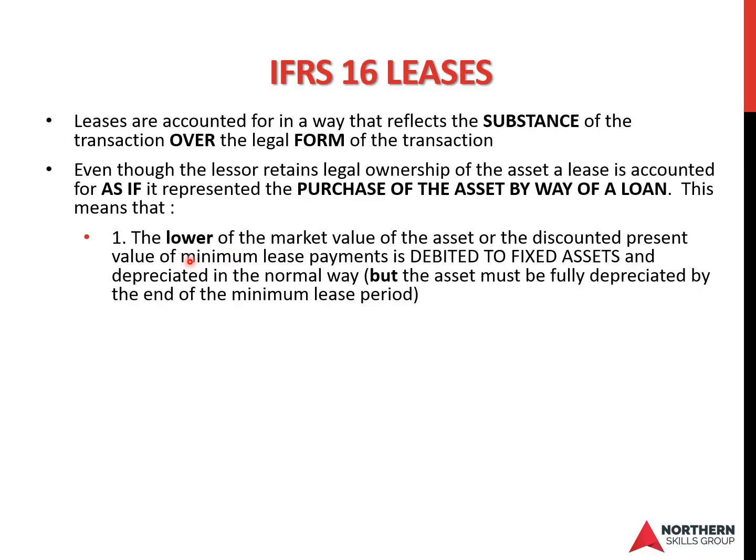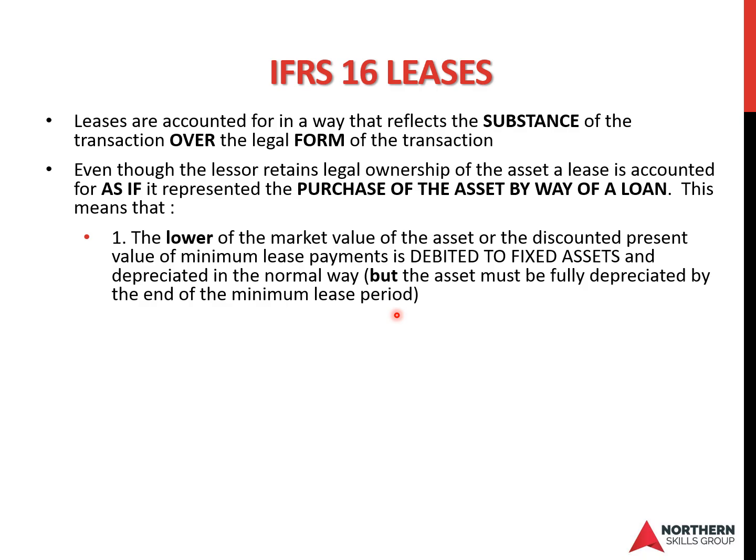And that asset's then going to be depreciated, as all non-current assets are, but important to remember this, the asset must be fully written off over the lease period. So if you're leasing an asset with a life of 10 years and the minimum lease period is only 5 years, then it must be depreciated over that 5-year period.